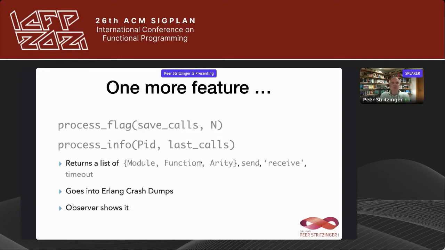So what did I discover? One more debugging feature. There is a process flag, save_calls, which takes a number that sets the size of the ring buffer, which is built into OTP.